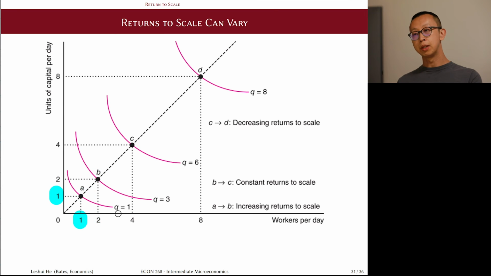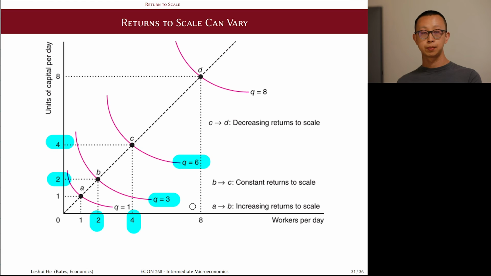What if we double the input level from 2 and 2 again to 4 and 4? Well, in this case, the output doubled exactly from 3 to 6. So when we move from point B to point C, we actually have constant return to scale.